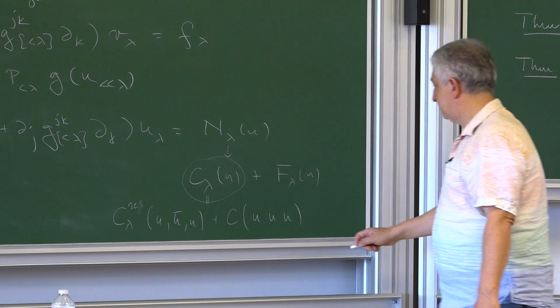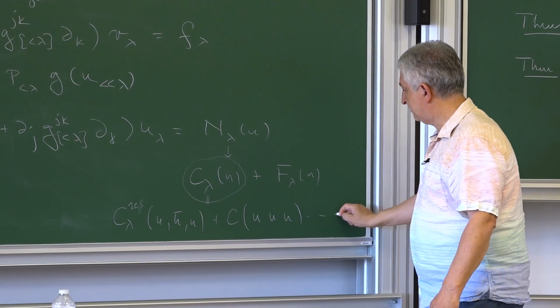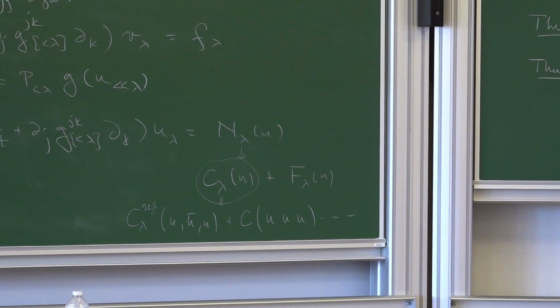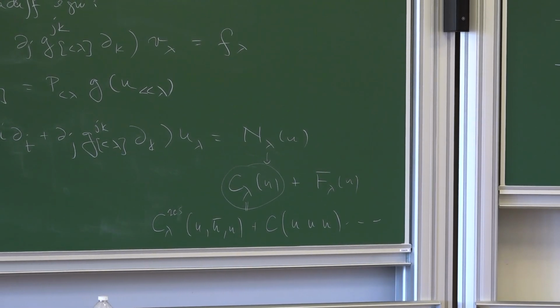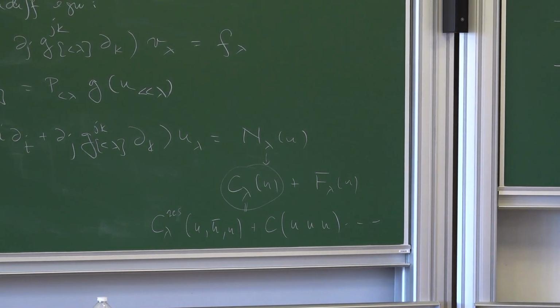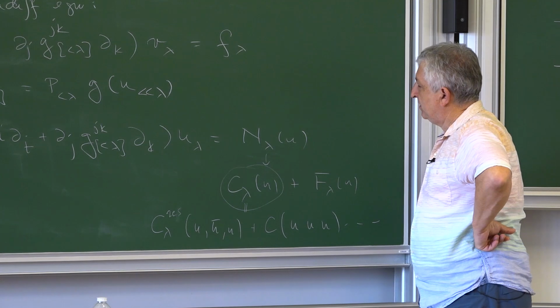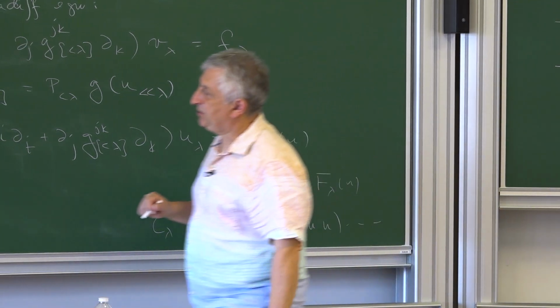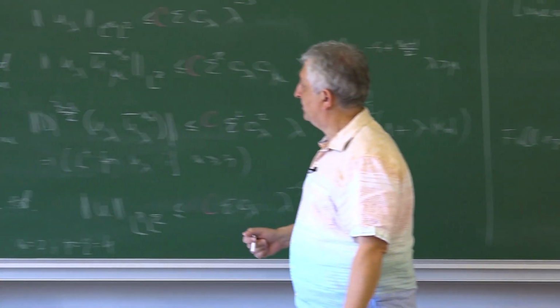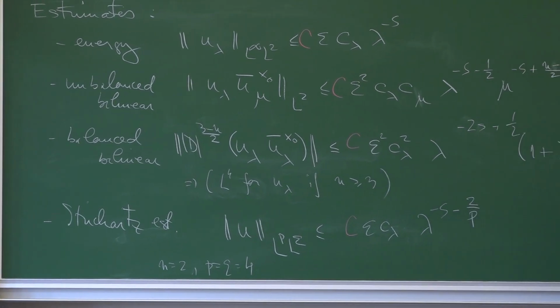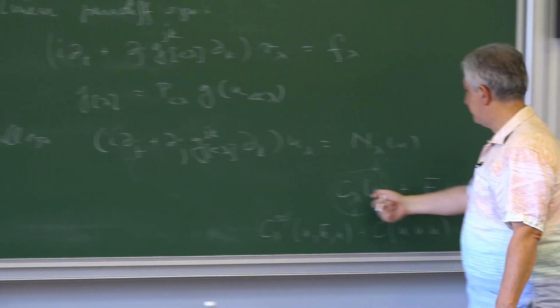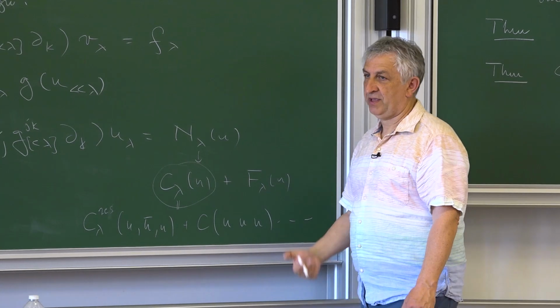And then, so write all of these other terms, okay? And then the interesting observation is that we can use this unbalanced bilinear estimate anytime we have transversal interactions, okay?